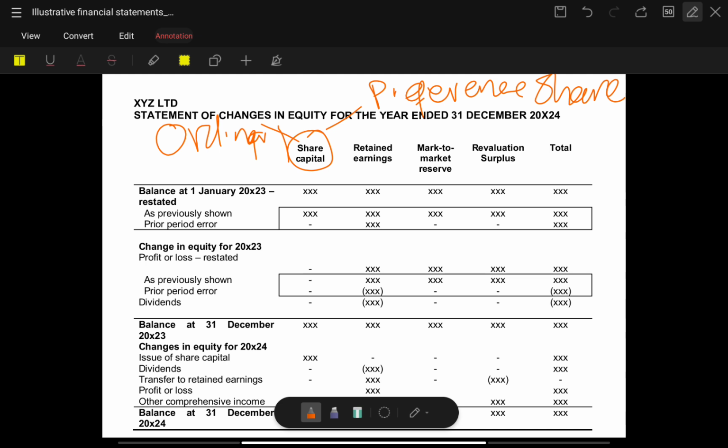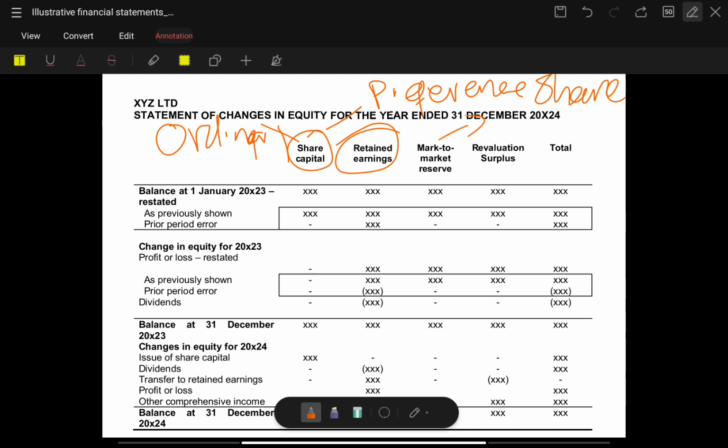The second one, guys: after your share capital, make sure your share capital is always what you start with. You don't start with anything other than the share capital, because we have to provide a capital, then retained earnings and reserves. Does it make sense, guys? So share capital is very important to show first. Retained earnings is the second thing that you should show. Your mark-to-market reserve account is the third thing that you should show.